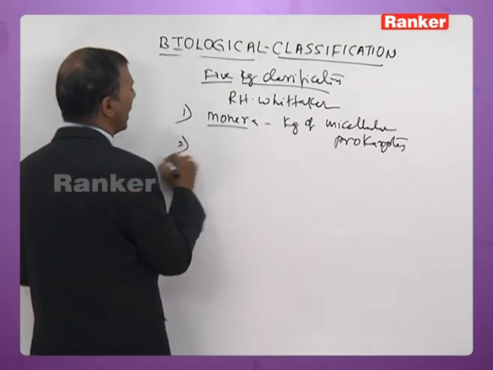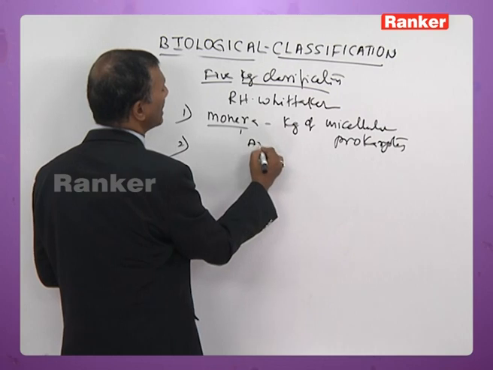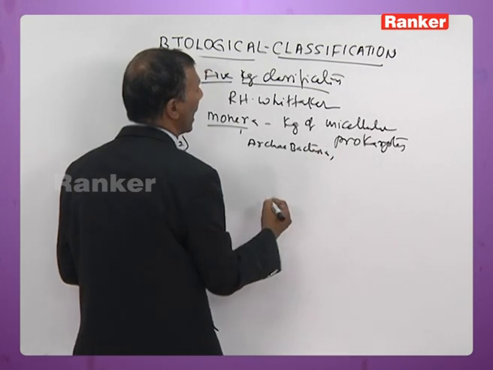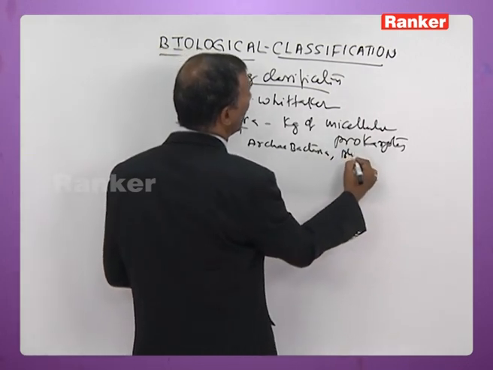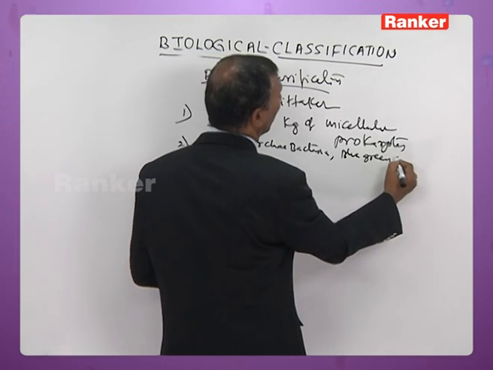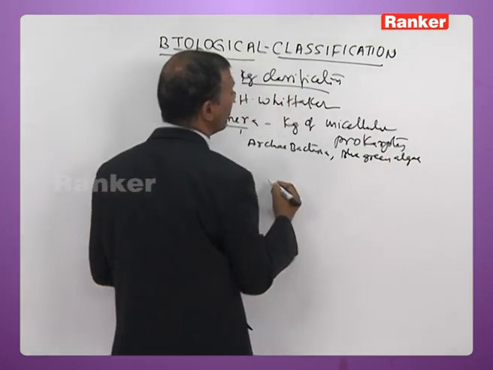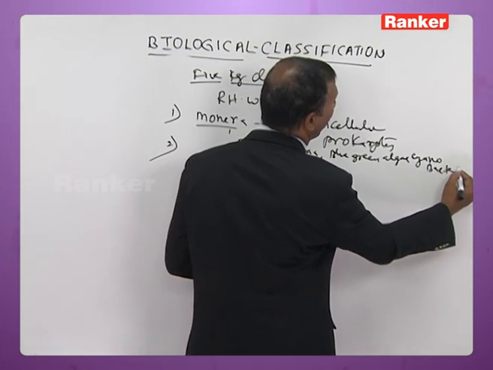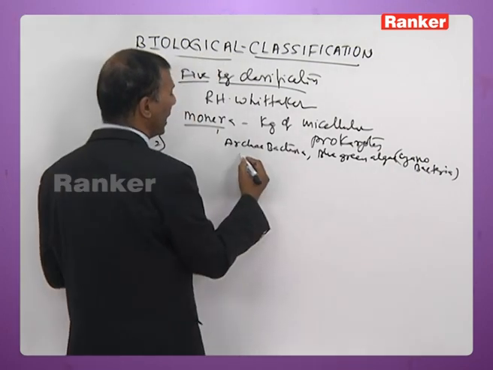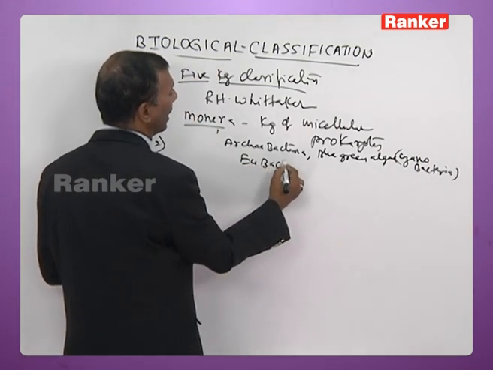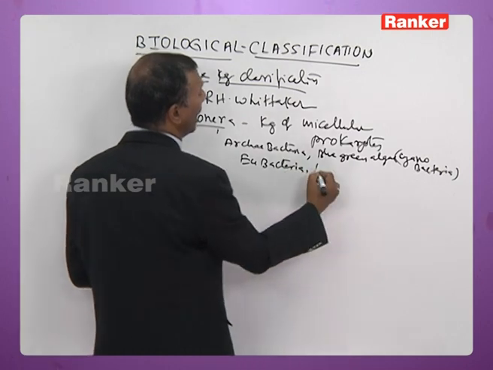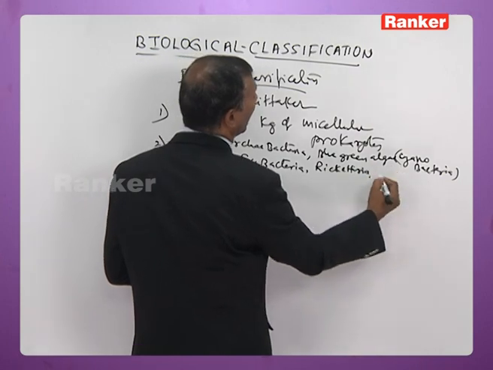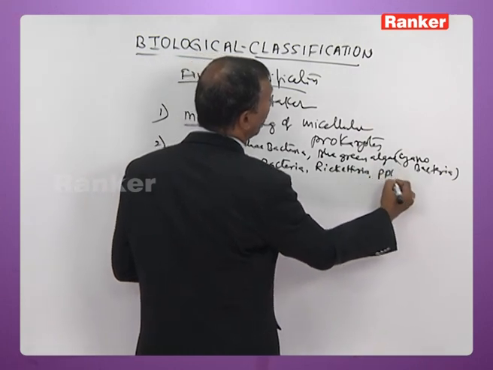Monera includes Archaebacteria, blue-green algae, that is cyanobacteria, you call them, Eubacteria, Rickettsia, PPLO.